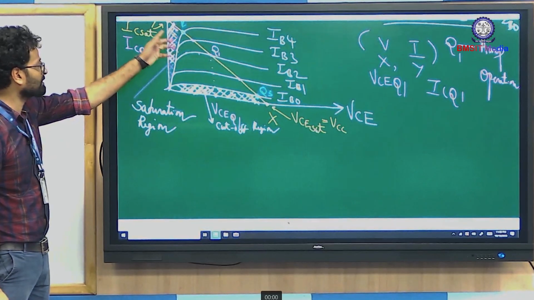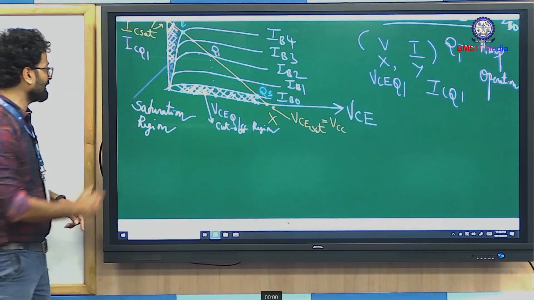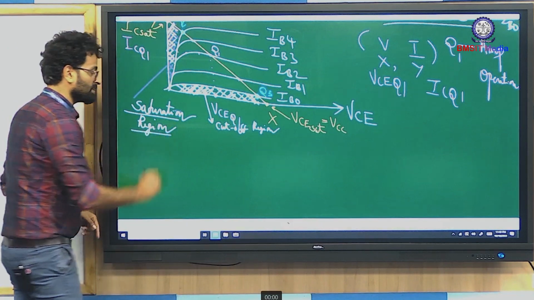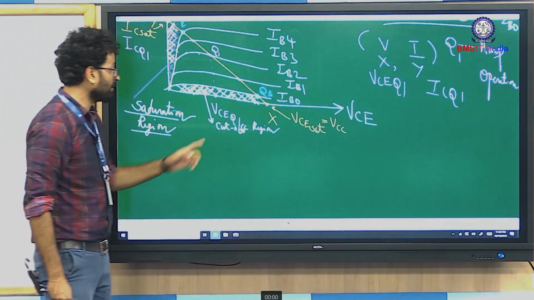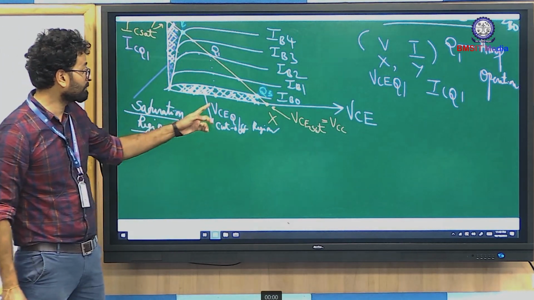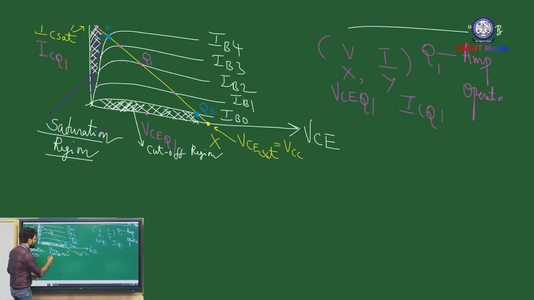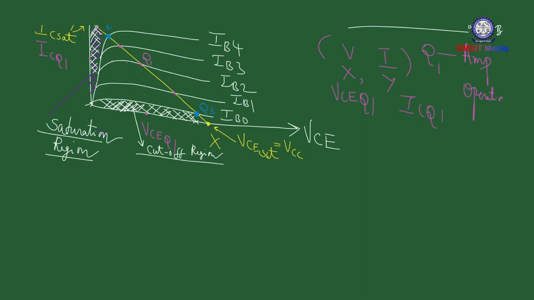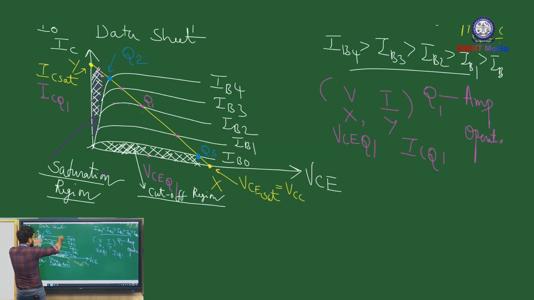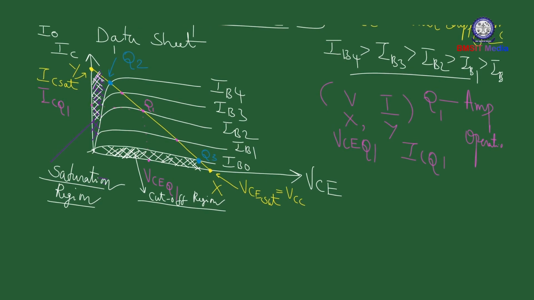We have 3 regions now. A region very closer to the y-axis, which we have termed as saturation region. A region closer to the x-axis, which we have termed as cutoff region. And we also have a region which is lying at the center of the load line. For example, this region.